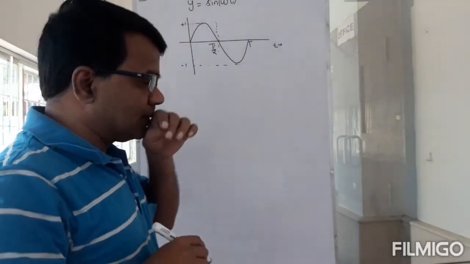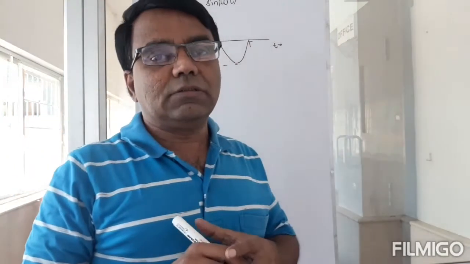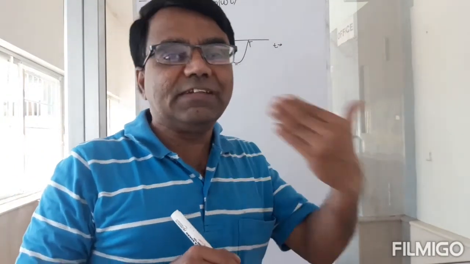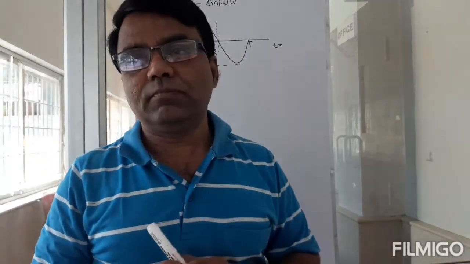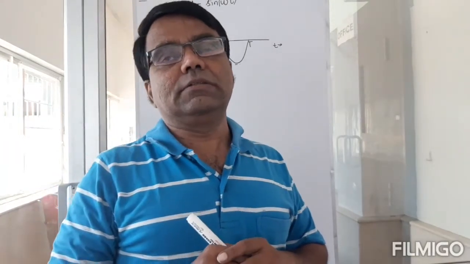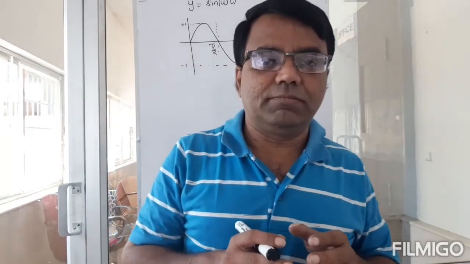Now the question is, what is the mean value of the sine function, just as we discussed. Okay. So the mean value of the sine function depends on the time frame.